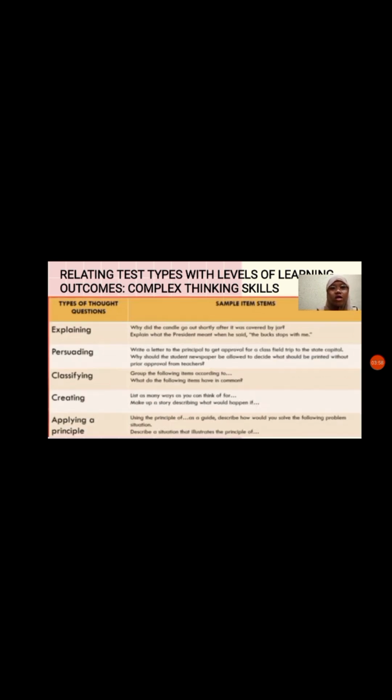So we have another type of thought questions. For explaining, the sample item stems or the possible questions are: why did the candle go out shortly after it was covered by a jar? Explain what the president meant when he said the buck stops with me. Persuading.